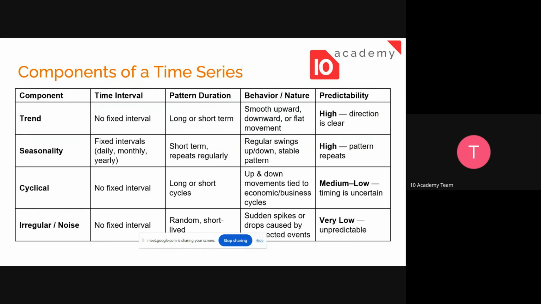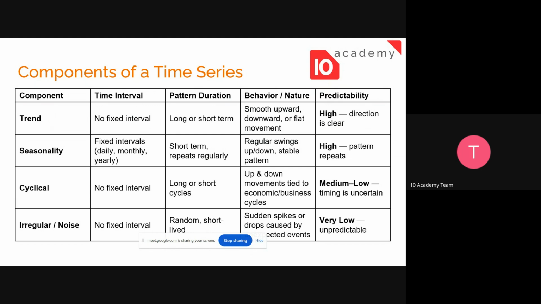When we talk about cyclic, there is no fixed interval for it. Pattern duration is long or short cycles. Behavior-wise, it has up and down movements tied to an economic or business cycle. Many things can trigger cyclic behavior. For example, if the economy goes down, let's give an example from our country, Ethiopia: if oil or fuel prices increase, our economy is affected, right?